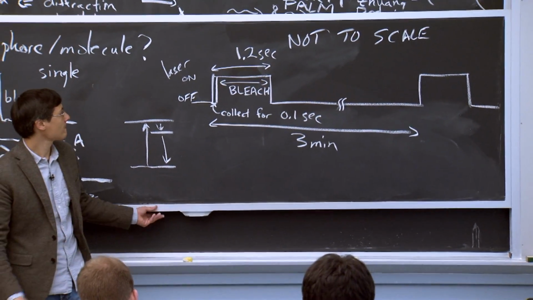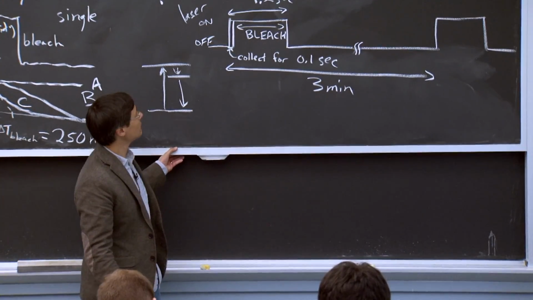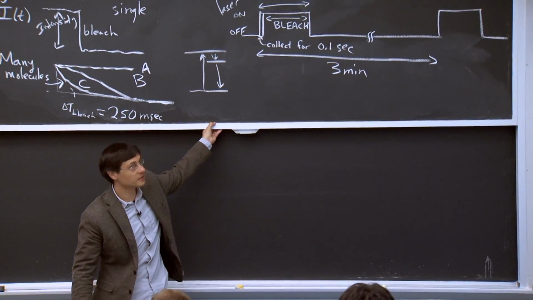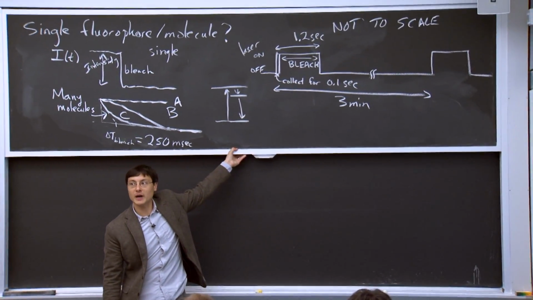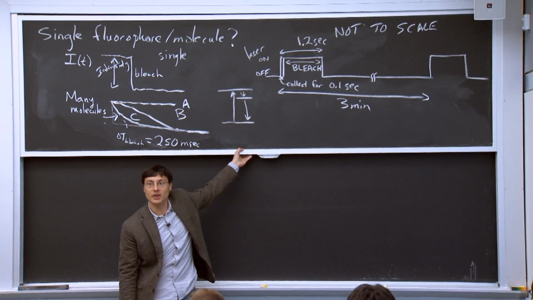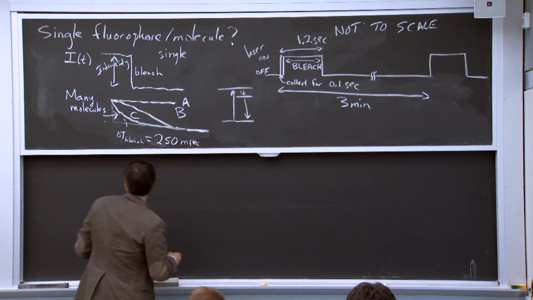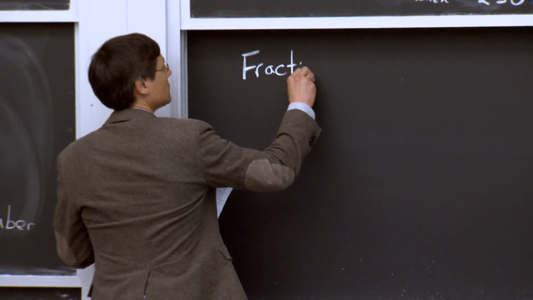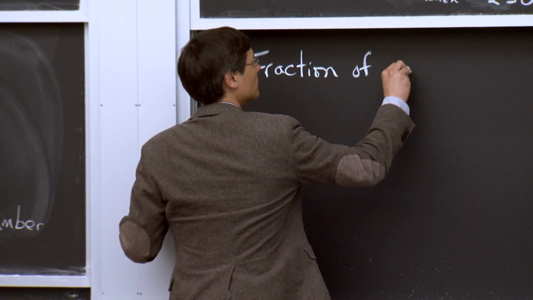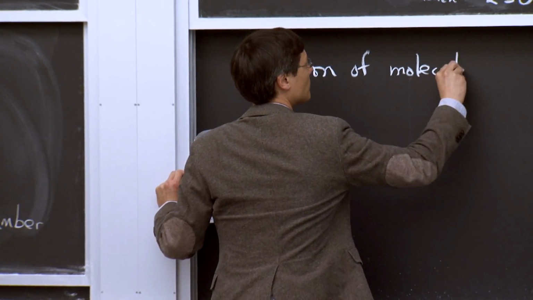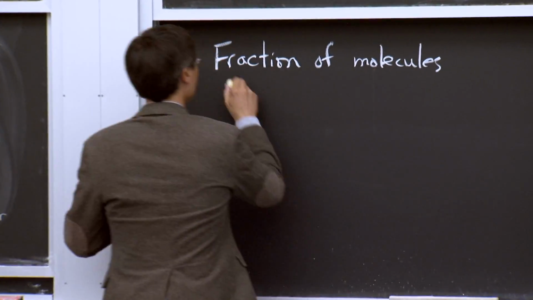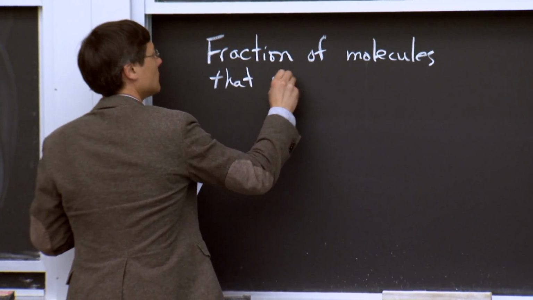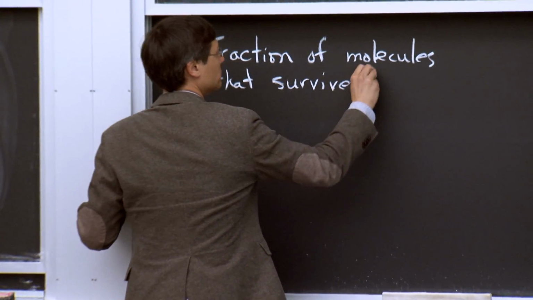Given everything we've just said, you should be able to tell me what fraction of the molecules will not be bleached, the fraction that survive the so-called bleaching step.